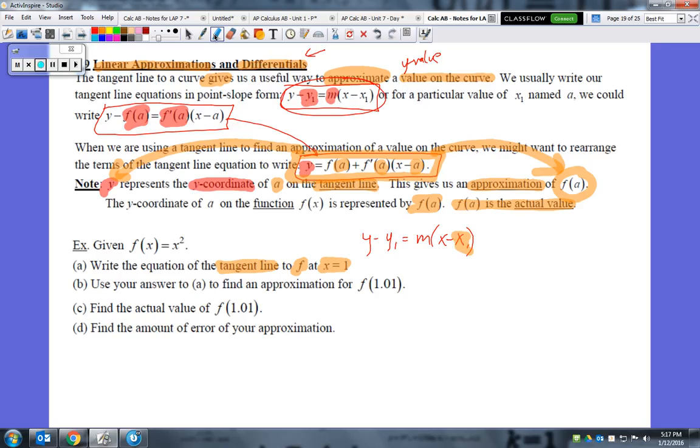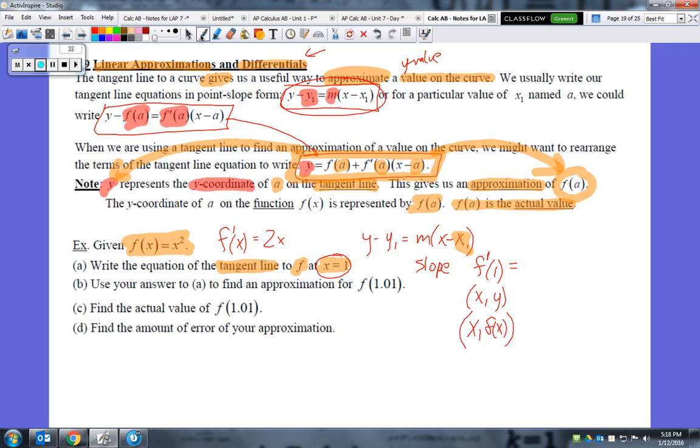What I need to do is first find a slope. I'm given the function that when I derive it, I get 2x. So I need a slope, otherwise known as f prime evaluated at 1, and I need an actual point, so x, f of x.